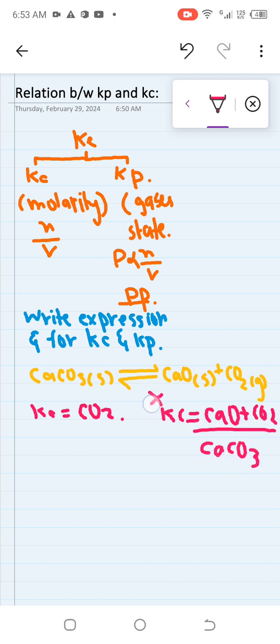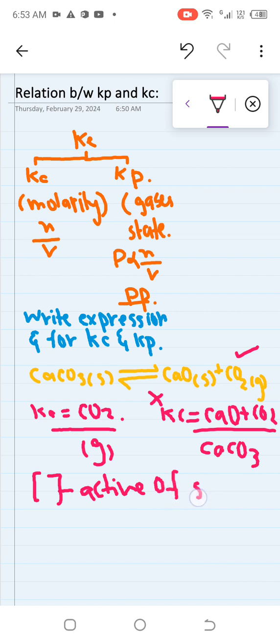No, this is wrong. Kc will be CO2 because CO2 is in the gaseous state. I only take the gaseous state because the active mass of a solid is constant.